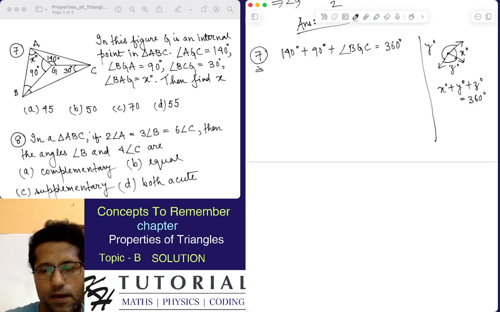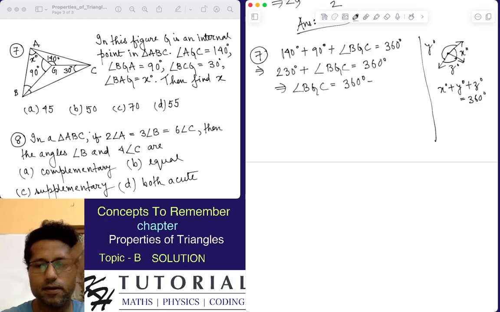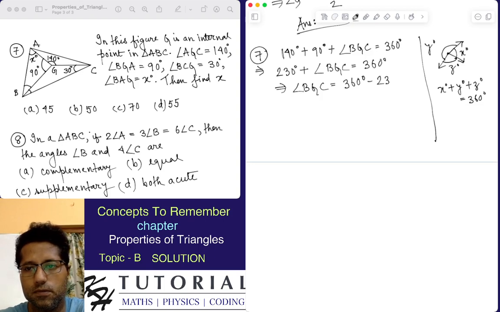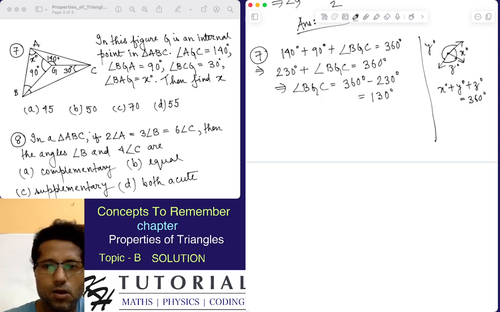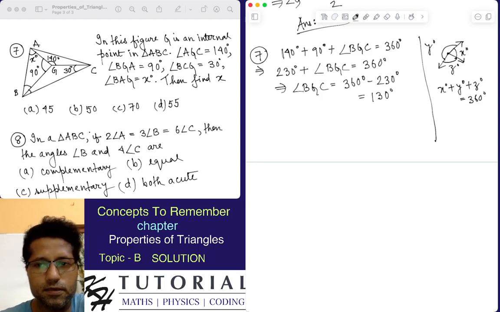So this will imply 140 plus 90 is 230 degree plus angle BGC is equal to 360 degree. This implies angle BGC is equal to 360 degree minus 230 degree. This is equal to 130 degree. So angle BGC is 130 degree.